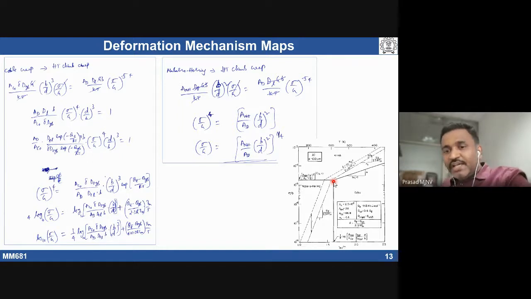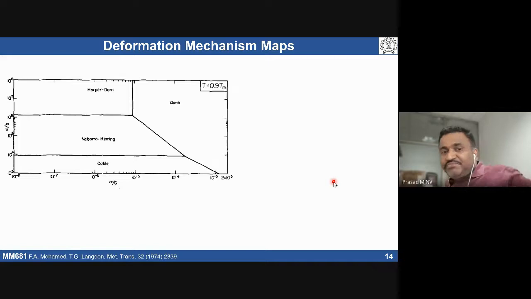If I want to know the relationship between grain size and stress, maintaining a constant temperature, T equal to 0.9 times the melting point, look here. The grain size is normalized with the Burgers vector, and stress is normalized with the shear modulus.